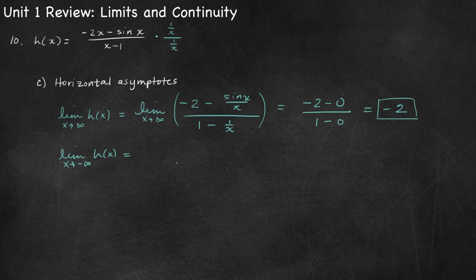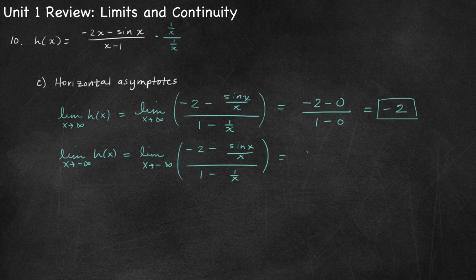Let's check the other side because we may have a different horizontal asymptote on the left end of the graph. So here we want the limit as x approaches negative infinity, and I can reuse this same expression that I've simplified over 1 minus 1 over x.